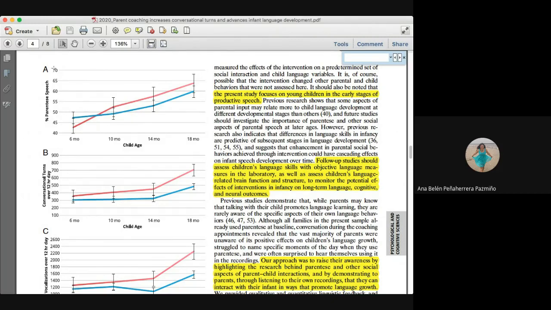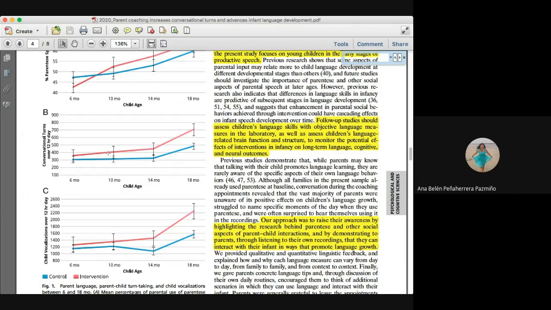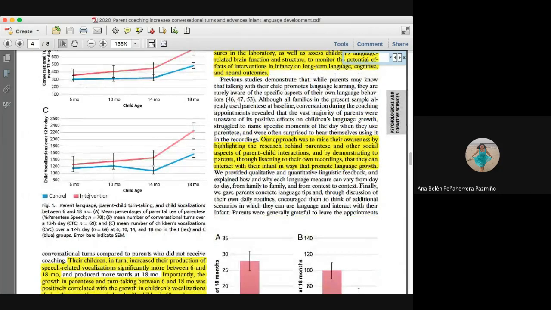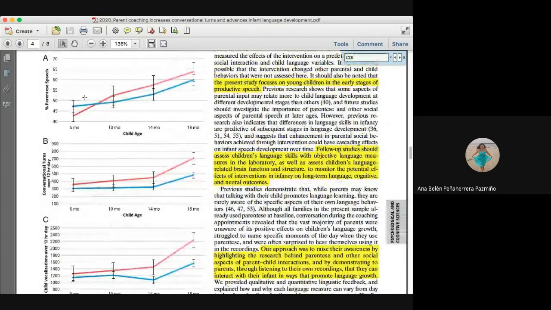You can compare here: the control group is the blue one, and the parent coaching intervention is the red one. You can see clearly that when parents use parentese speech, it increased according to the age of the baby.